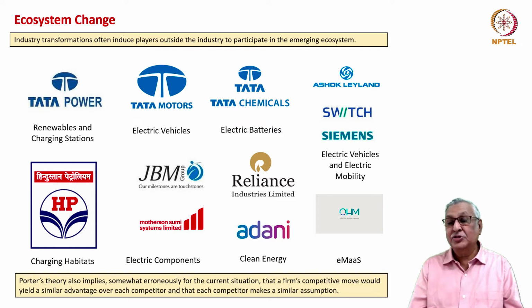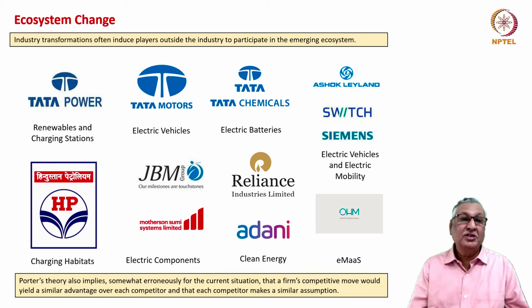Ashok Leyland has constituted a clear subsidiary for electric vehicle development, particularly in the light commercial vehicle segment, and also entered into a joint venture with Siemens for electric mobility. It also has constituted OHM as a company that will offer EMaaS, that is electric mobility as a service.